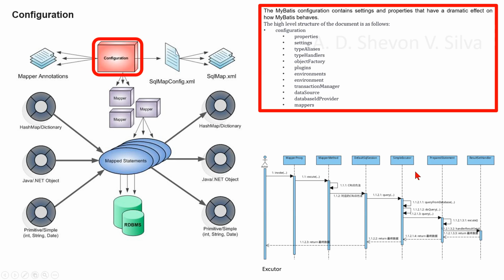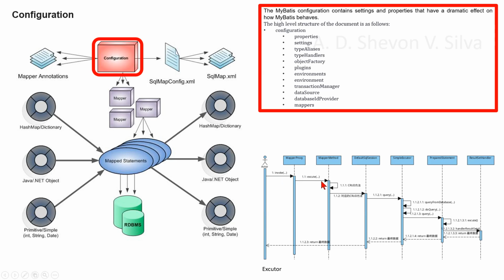Next, we look at the execution process of SQL. Above we got the mapper proxy. Each mapper proxy corresponds to a DAO interface. So how do we use the mapper proxy? We know that access to the methods of a proxy object will be implemented in the invoke of the proxy.